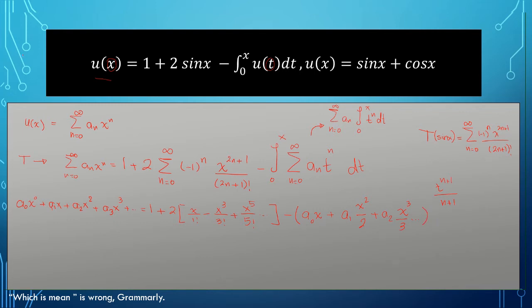Now let's compare the coefficients to get the values of the an, so we can write u of x with no unknowns.